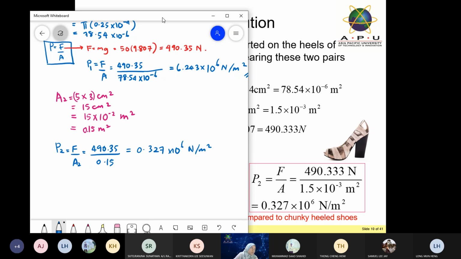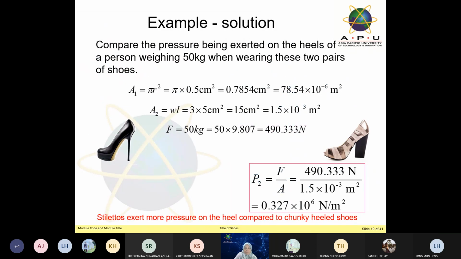Okay. After you have calculated P1 and P2, both in 10 to the power of 6, you know which one is more pressure, right? P1 is 6.2. P2 is only 0.32. So P2 is much lesser pressure compared to P1.